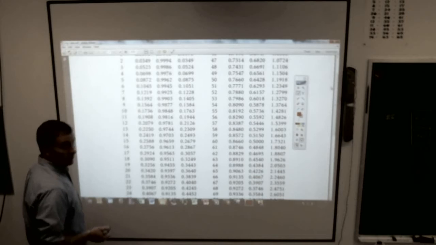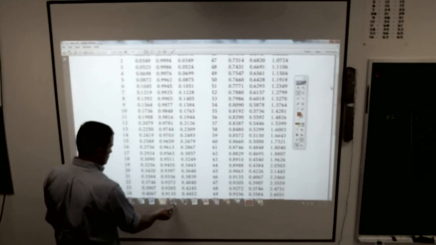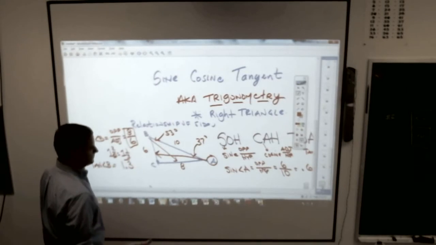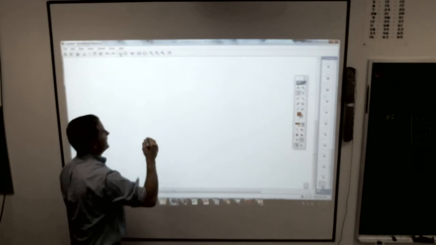Alright, I'm going to give you one to do, and then I'm going to give you a quiz and call it a day. Let's see if you can do this. Let's say you've got a right triangle.